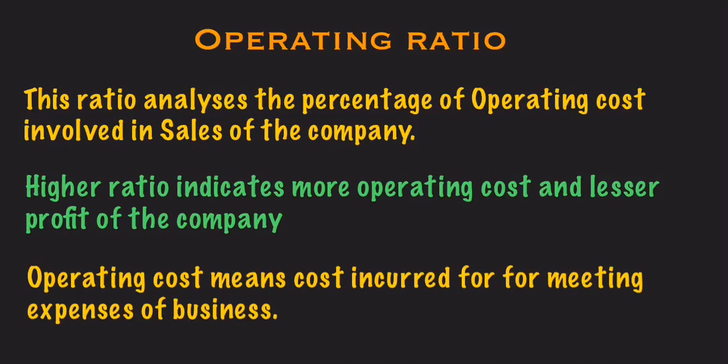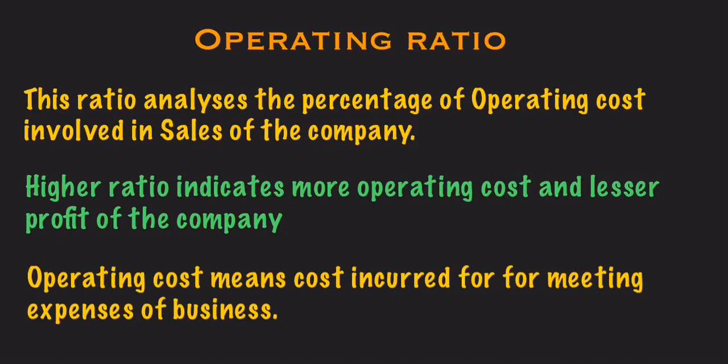Because this ratio deals with operating cost in sales, and every company wants their operating cost, their day-to-day expenses, to be lesser in the sales of the company, a higher ratio indicates more operating cost and lesser profit of the company, which is not good. This situation is never good for a company. So the lesser the operating ratio, the better will be the company's operating profit and other profits even.